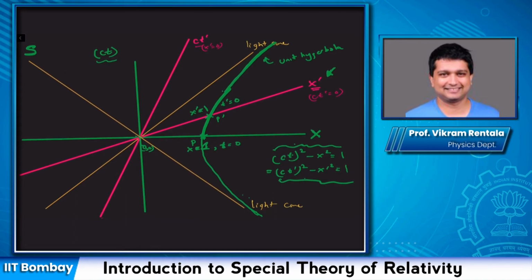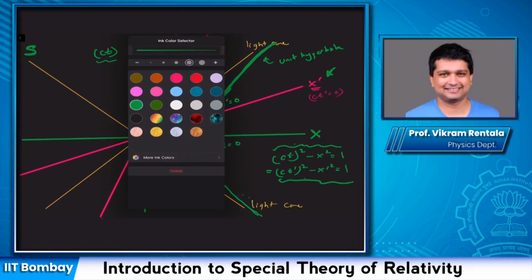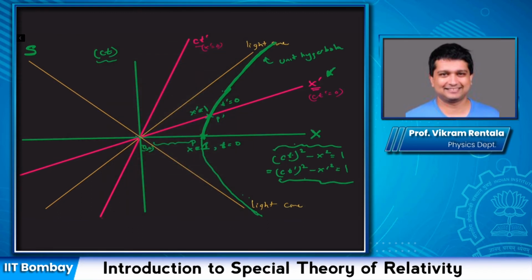This is a unit distance along the x-axis as measured by observer S, and this point here, P prime, is a unit distance as measured by the S prime observer along the x-axis at t prime equal to 0.